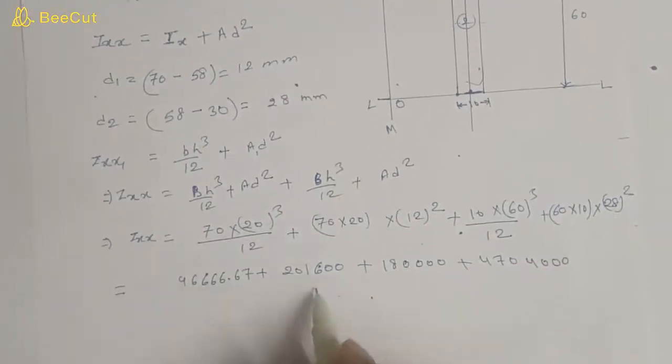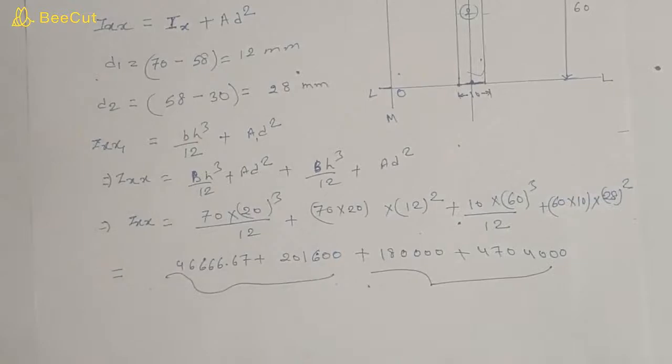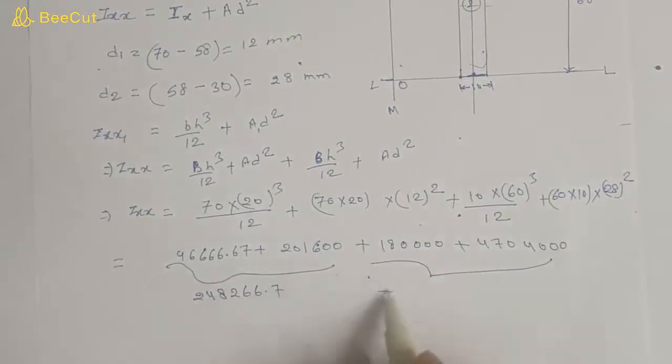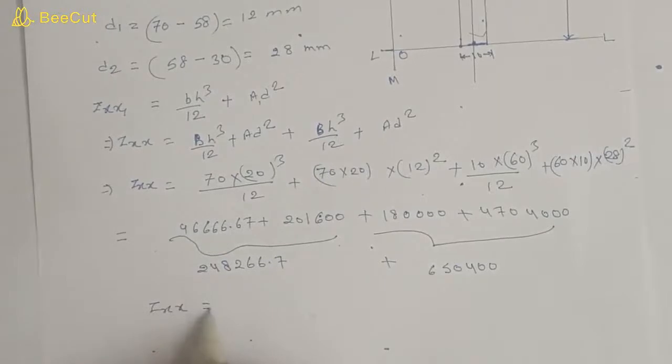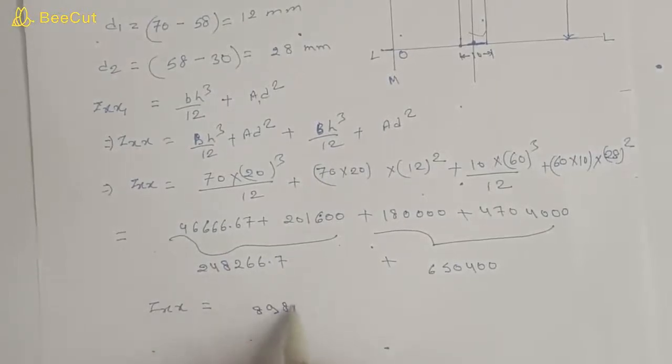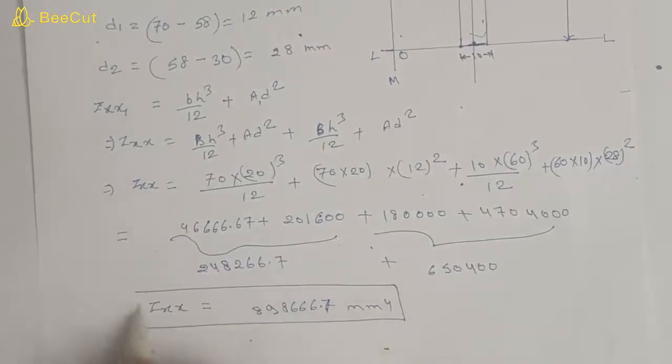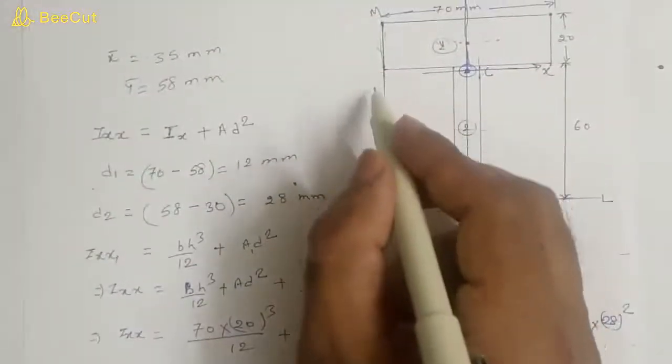After adding, this one gives 248266.7, plus this one 650400. After adding these two, we get Ixx equal to 898666.7 mm to the power 4. So this is the moment of inertia of the T section about the centroidal x-axis.